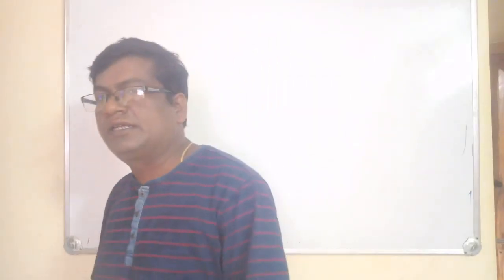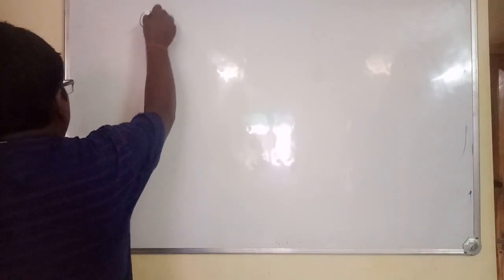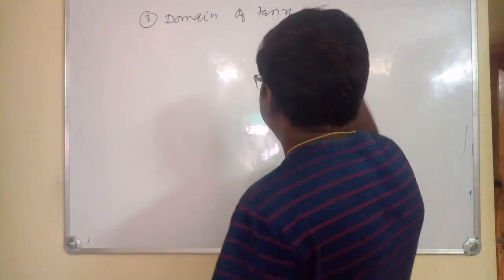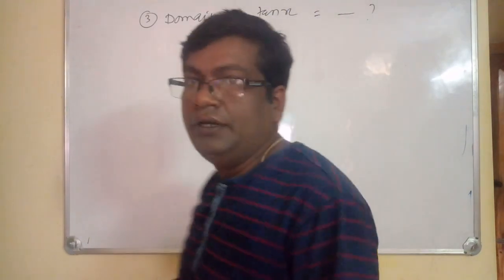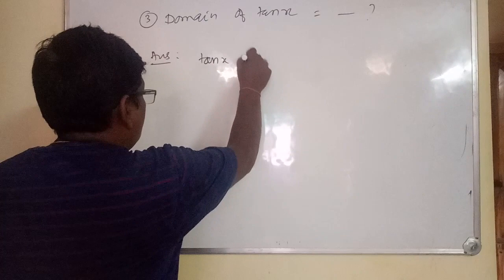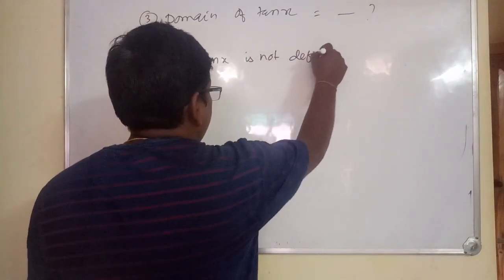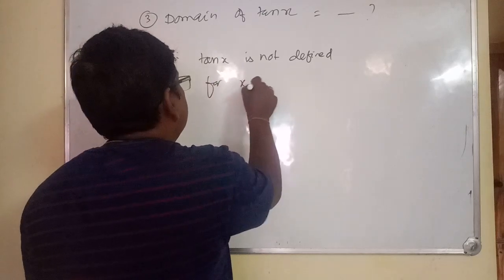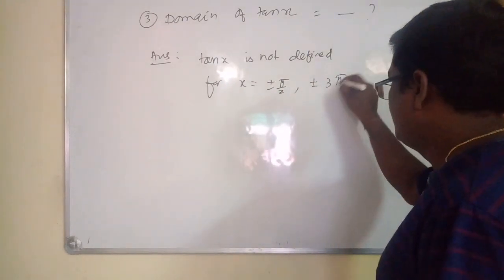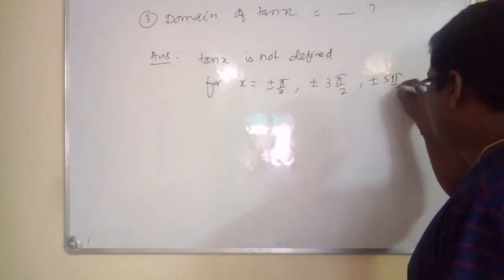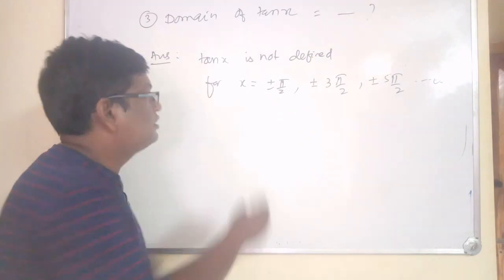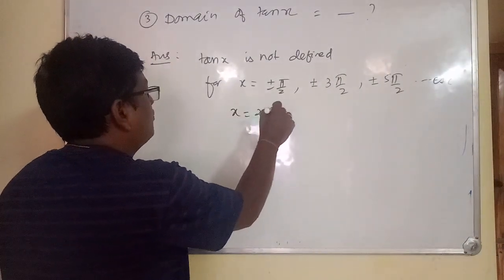Now to find the domain of tan x. Answer: tan x is not defined, meaning infinity, for x equal to plus or minus pi by 2, plus or minus 3 pi by 2, plus or minus 5 pi by 2, etc. We can write x is equal to (2n plus 1) pi by 2.